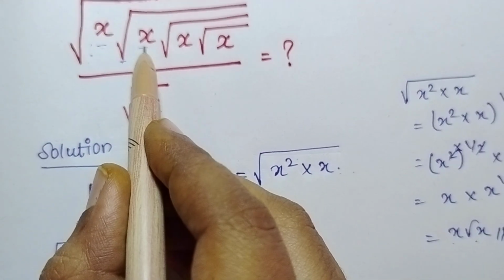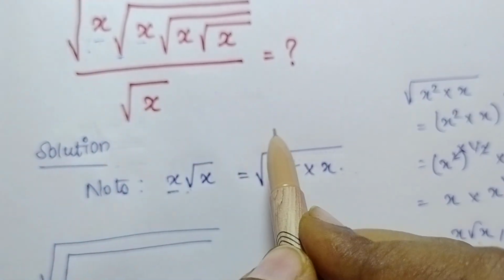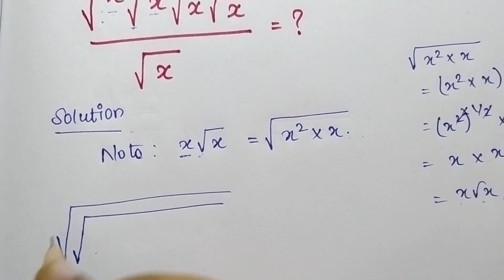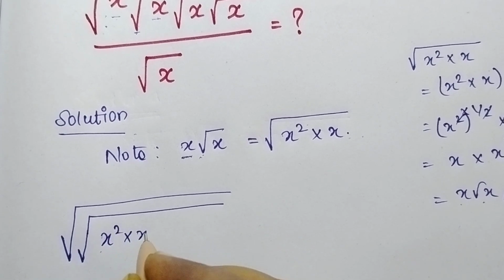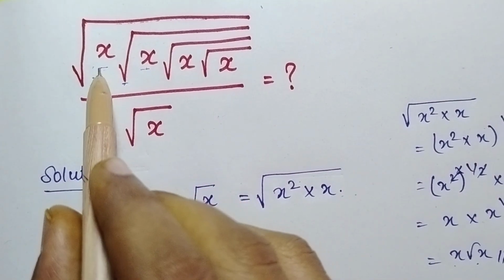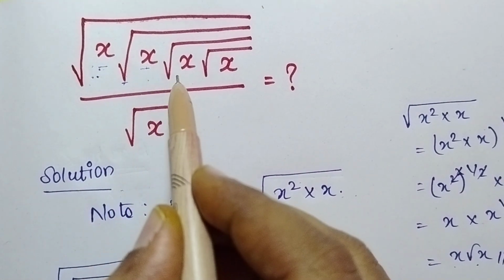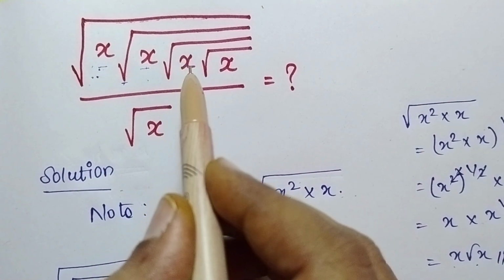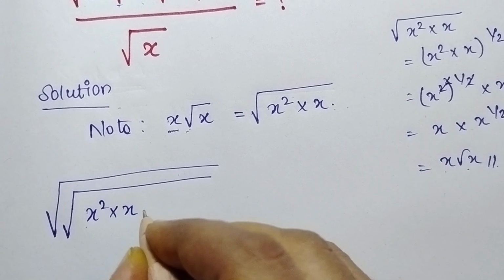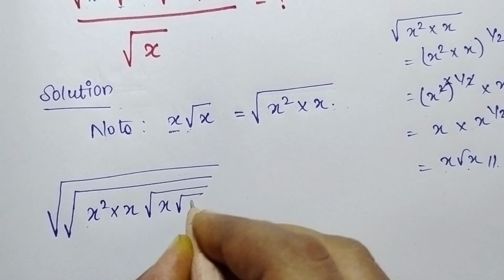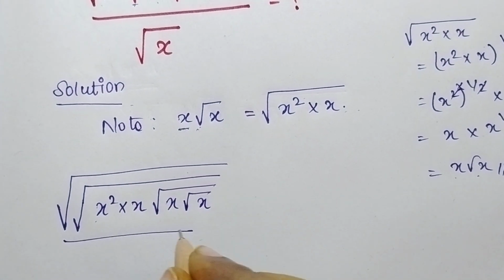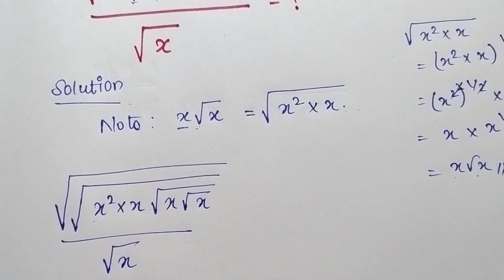And x root x can also be written as x square into x. So we are going to replace this for x root x. The remaining inside is root x and root x. Just write that: root x divided by root x.